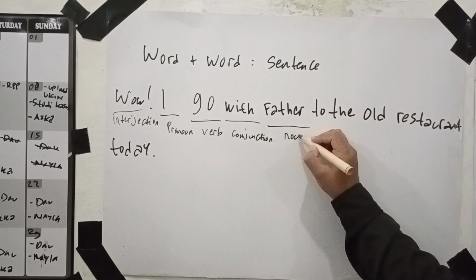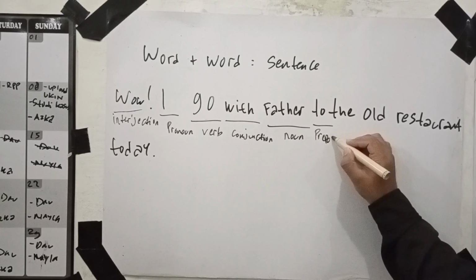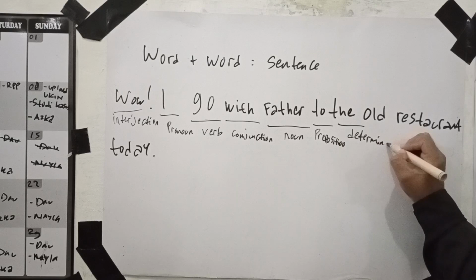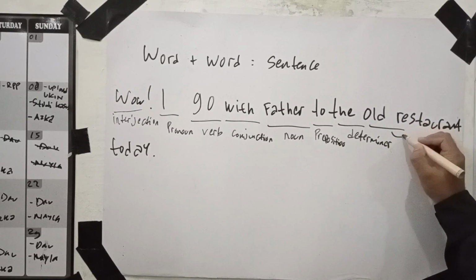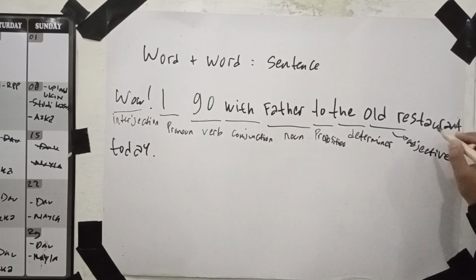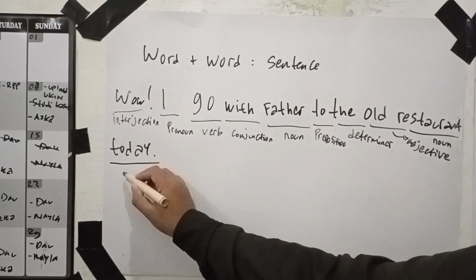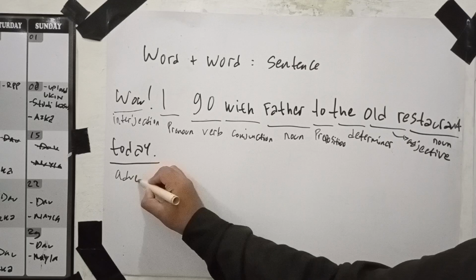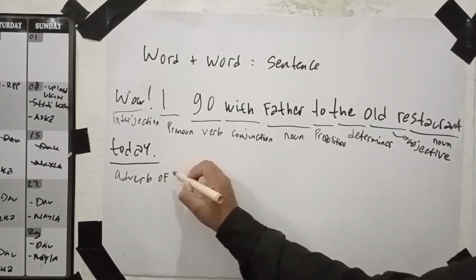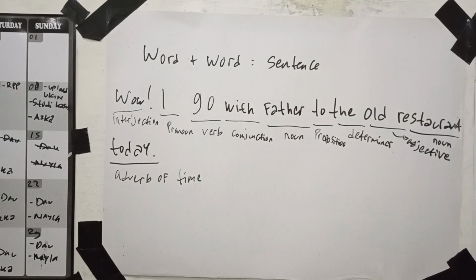Father is a noun. To is a preposition. Old is considered an adjective. This one is also a noun. And the last one, today, is an adverb of time.